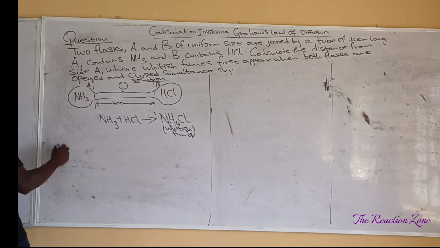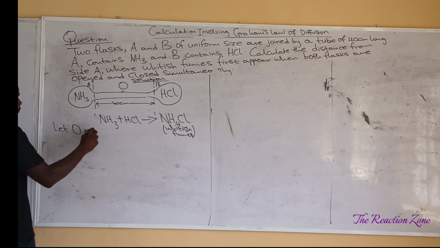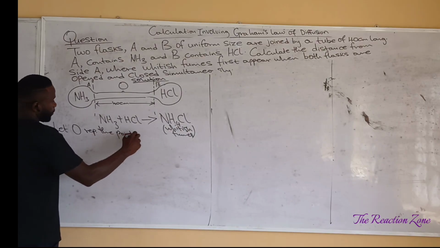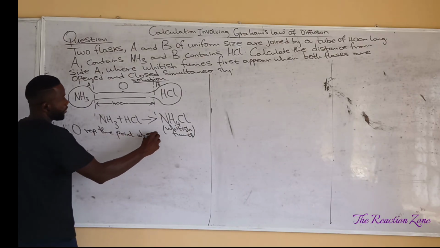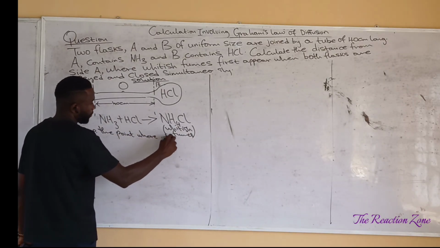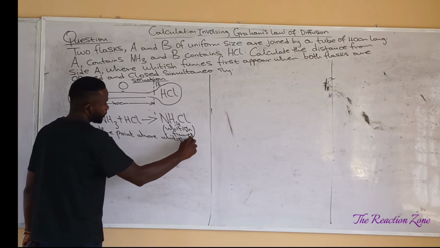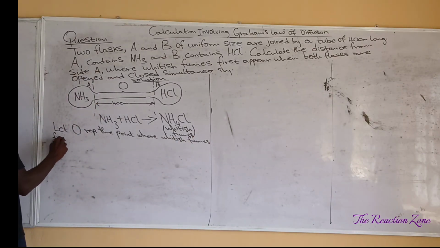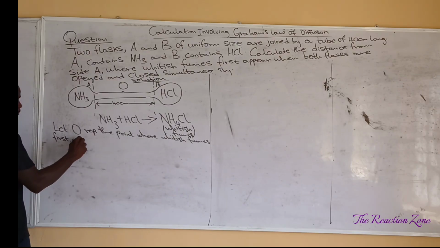So let's make some assumptions. Let O represent the point where whitish fumes first appear.